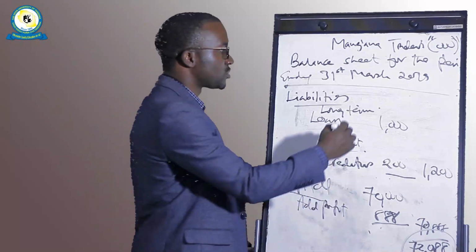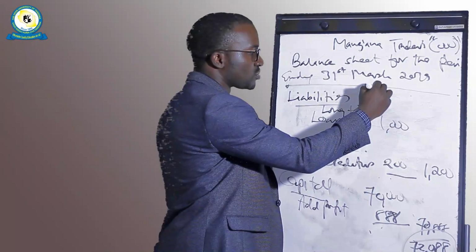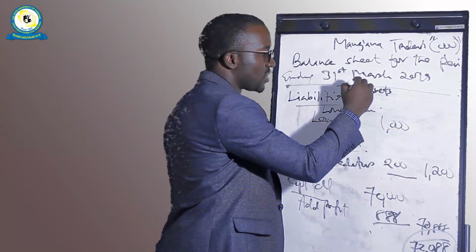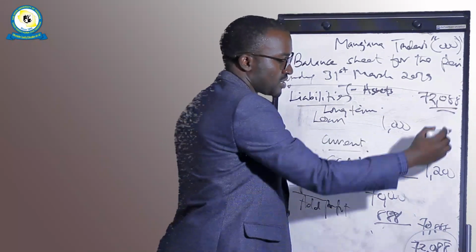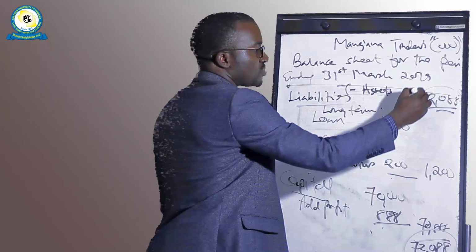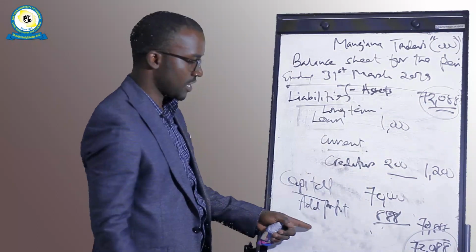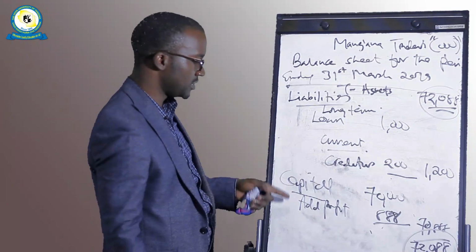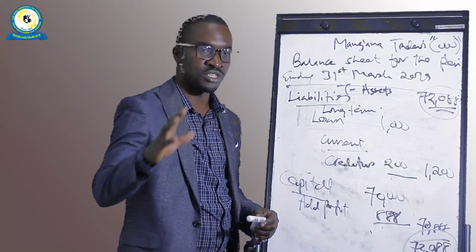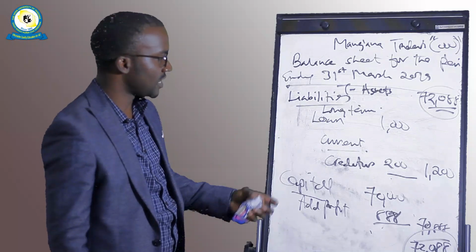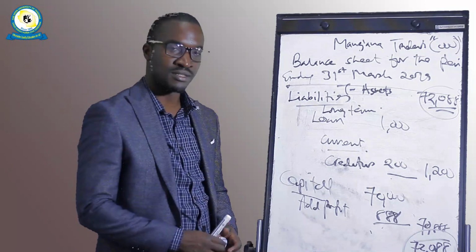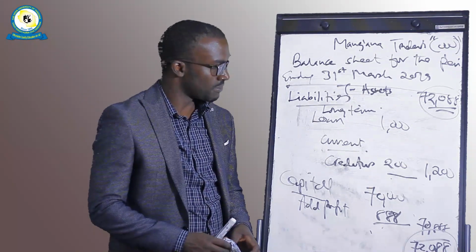If you compare to the totals of the assets, total assets was 72,088. That is why it is called the balance sheet: the totals of the assets are equal to the liabilities and capital, and the sheet in itself is balanced. So up to that point, you've seen that that is a balance sheet.